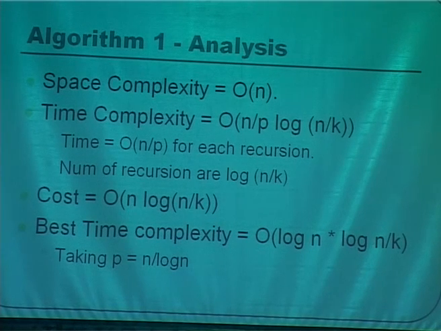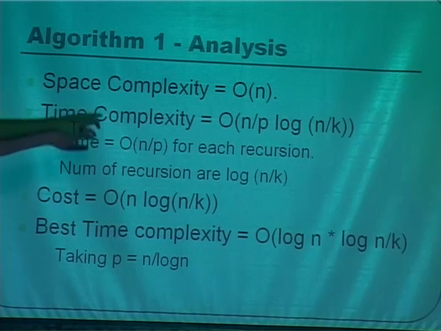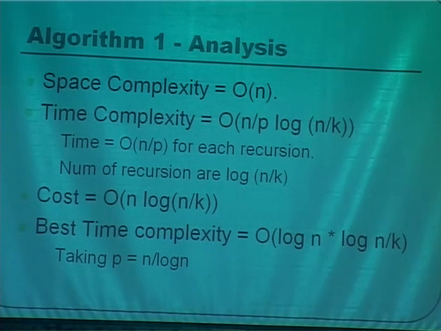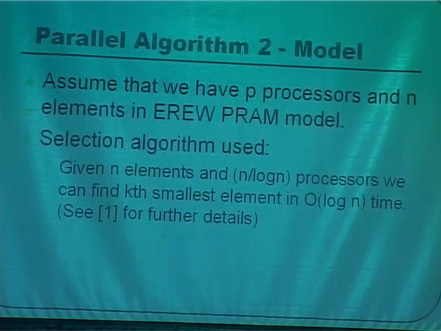And the cost, multiplying time complexity by p, comes to n into log n by k order, which is better by a factor of log n than the algorithm proposed by Satish. And we are using the same CREW model.